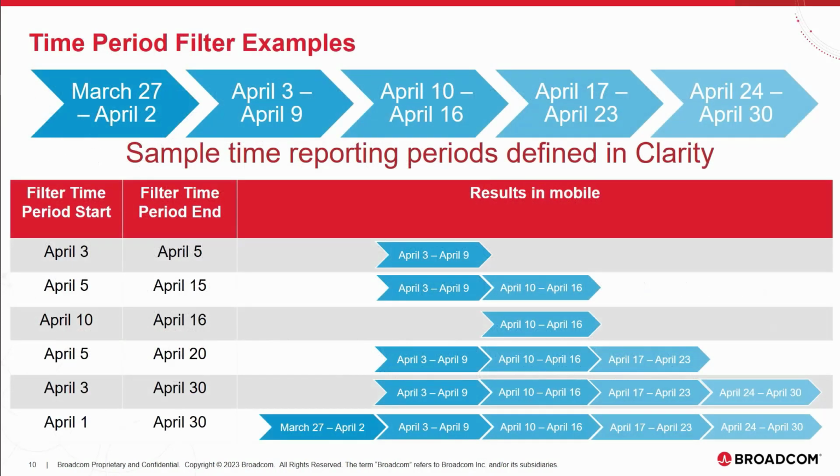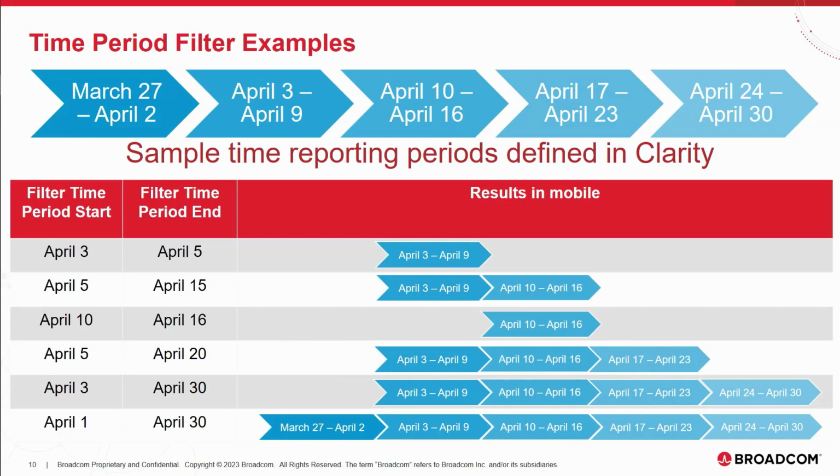Let's go through a few examples to understand how the start and end date filter works in the mobile app. This filter is different from how it functions in the UX, because in the UX you can filter for any time periods based on either the time period start date or time period end date.